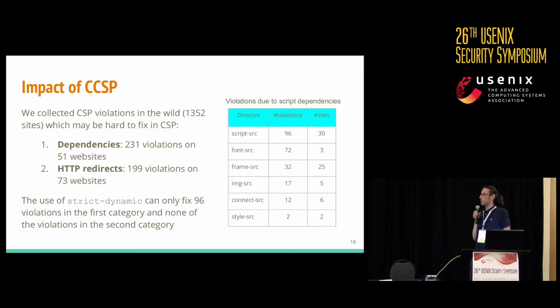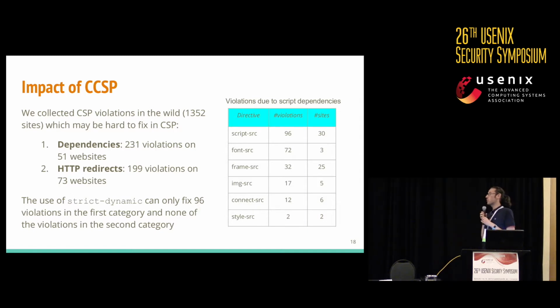The first class of violation includes dependencies, and the second class of violation includes HTTP redirects. So I already told you that dependencies are hard to accommodate because they need to be identified precisely and whitelisted in the policies. HTTP redirects are also annoying to deal with because every time something is relocated, you have to put the new location of the content you're loading inside your own content security policy.